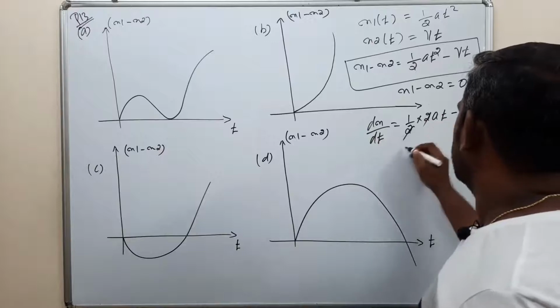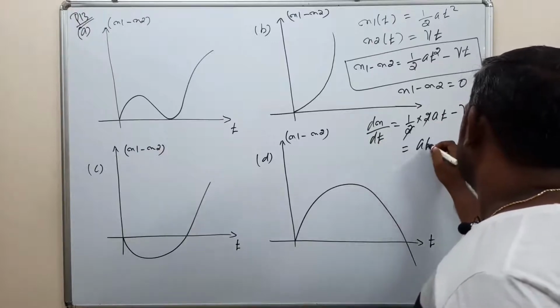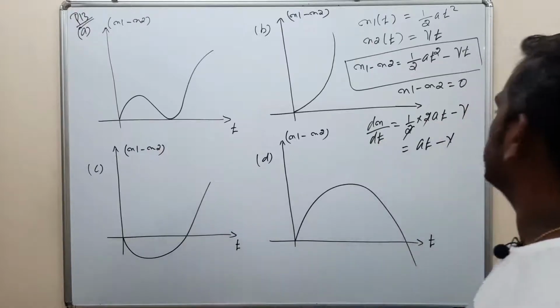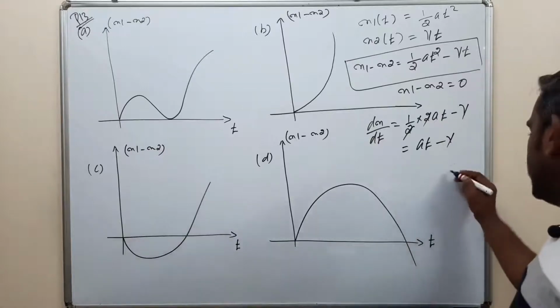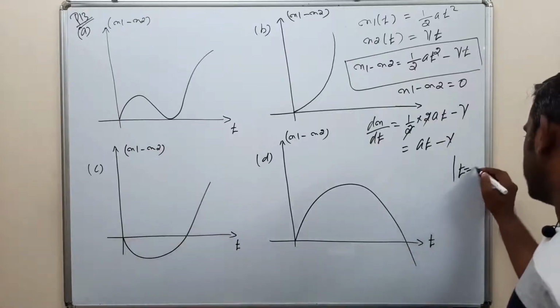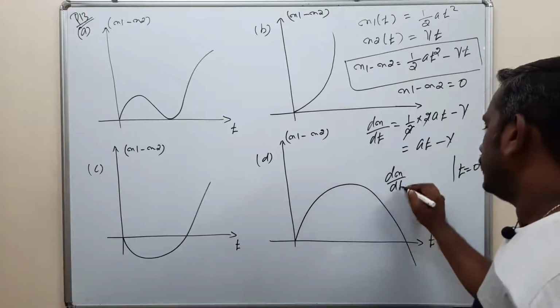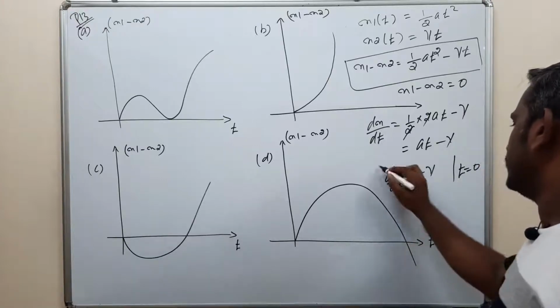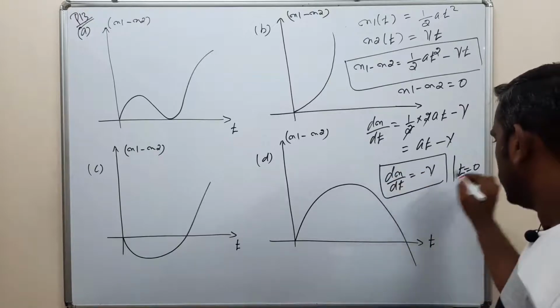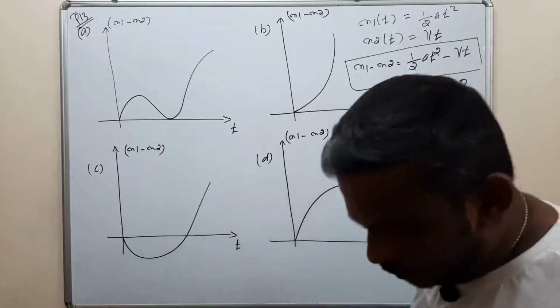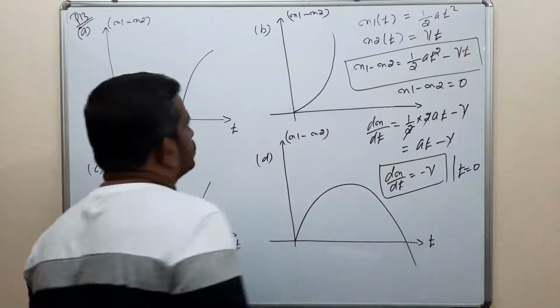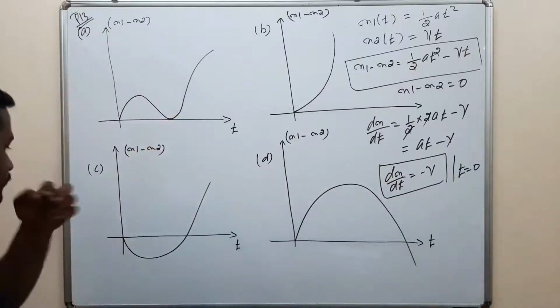The 2 gets cancelled, so that is equal to at minus v. So at time t is equal to 0, dx by dt is equal to minus v, that is, the slope is negative. At time t is equal to 0, the slope is negative from this graph.